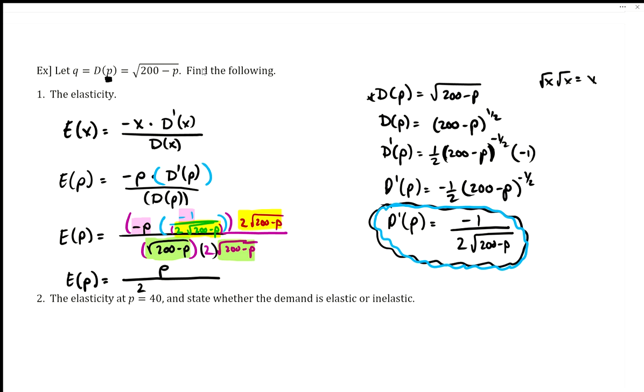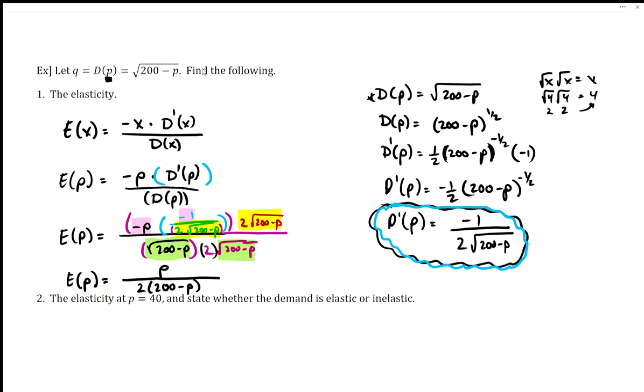You could try it with regular numbers, like square root of 4 times the square root of 4 is just 4, because that would have been 2 times 2, which is still 4. So these two in the green highlight are exactly the same. When they multiply with each other, we're left with just the expression that was underneath that square root, so no more square root, 200 minus p down there.